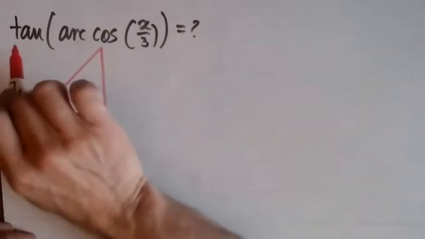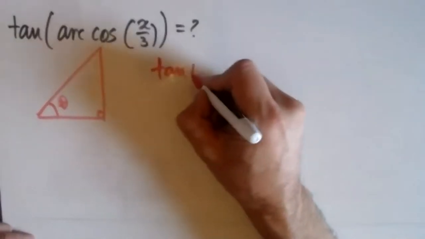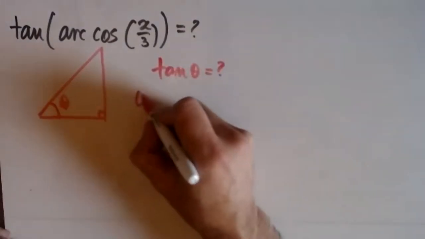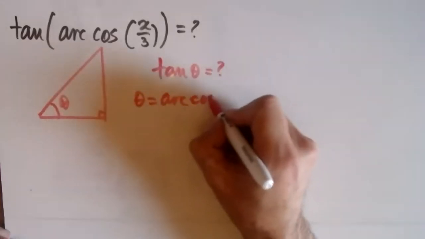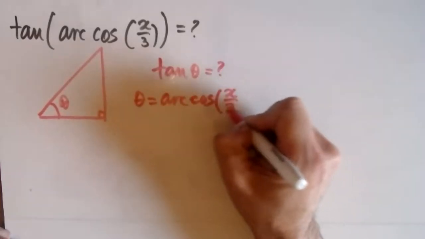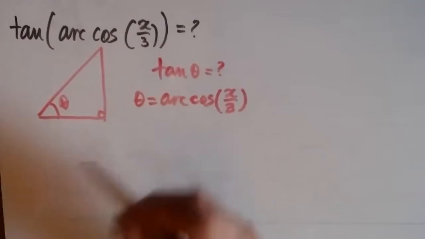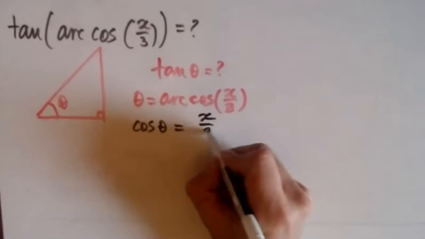And then, well, tangent is the function I have to solve, so I have to find tangent of theta in this triangle. Okay, who's theta? Theta is the arc cosine of x over 3. I'm going to use the inverse, so the inverse is cosine of theta equals x over 3.